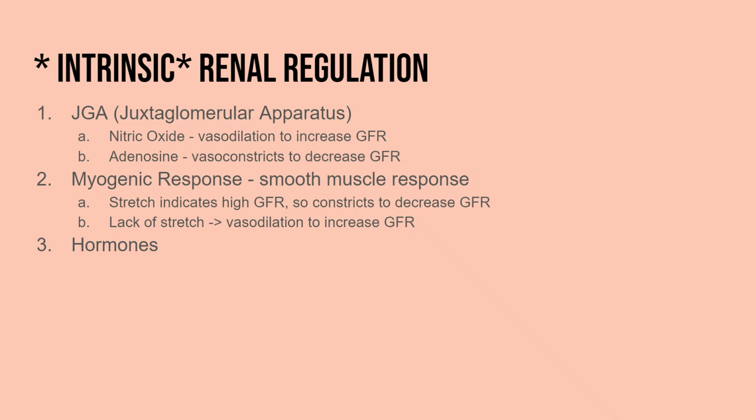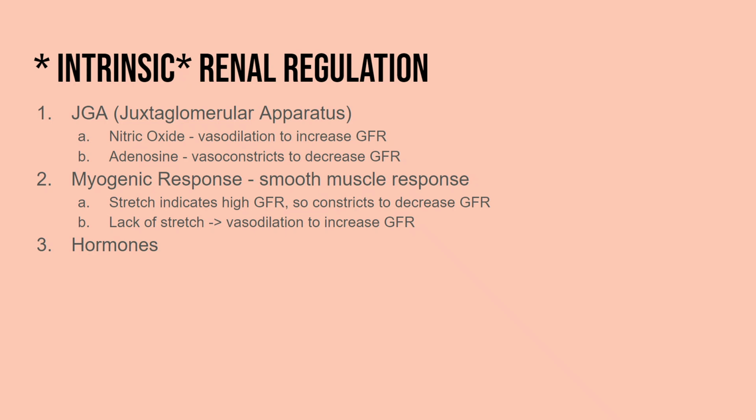So, to review, renin is initially released, a hormone that circulates in the blood and encounters angiotensinogen. Renin converts it into angiotensin 1, which encounters this enzyme in the lungs, which converts it to angiotensin 2.